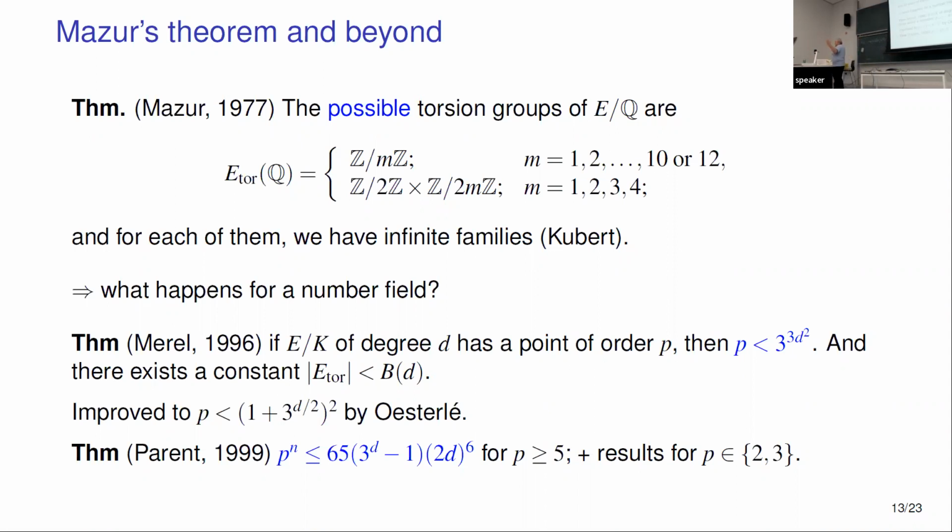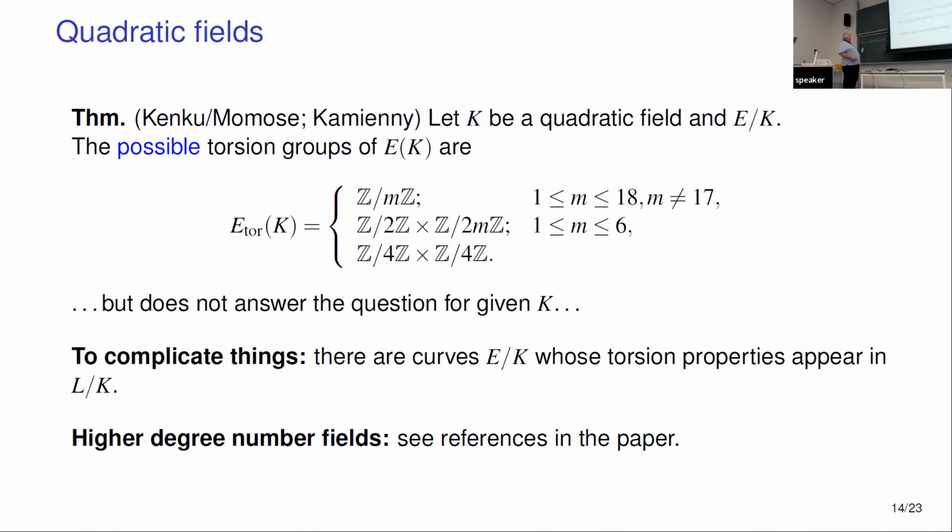If we knew how to do that, we could factor integers more rapidly with ECM. We cannot. Anyway, what happens for quadratic fields? You see, there's a small list of possible torsion groups, but this answers the question: if K is quadratic, in which list can I find the torsion groups?